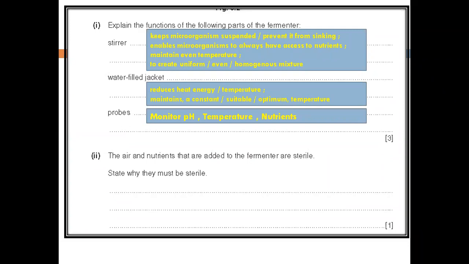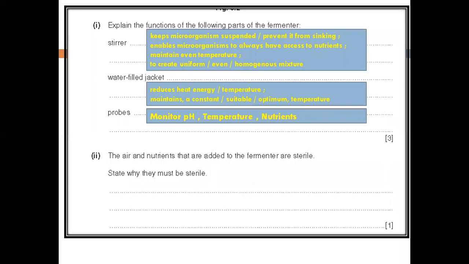The air and nutrients that are added to the fermenter are sterile. State why they must be sterile. Sterile means pathogen free. If we are not adding sterile air or nutrients to the fermenter, it will cause contamination, and contamination is the growth of unwanted organisms in our fermenter instead of the organism in which we are interested.